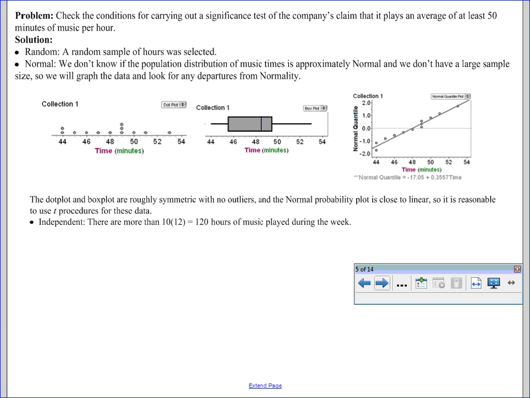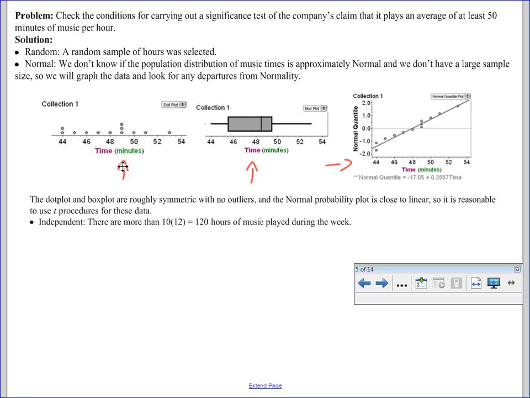So then, check the conditions for carrying out a significance test of the company's claim that it plays at least 50 minutes on average. So we could either do a dot plot, a box and whisker plot, or a normal probability plot. And all of these are okay. The box plot is roughly symmetric with no outliers.